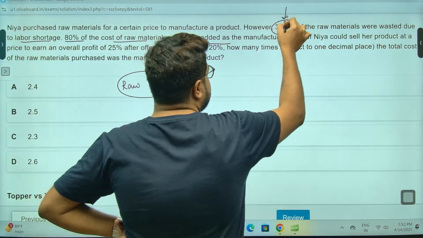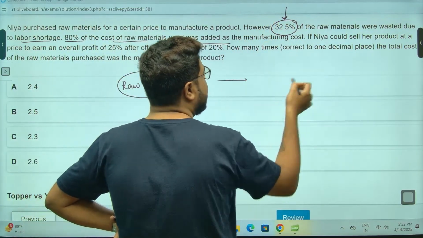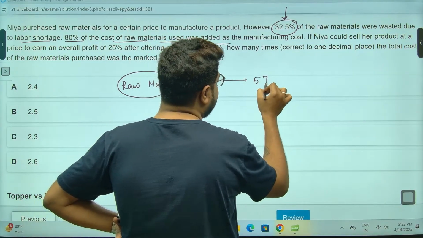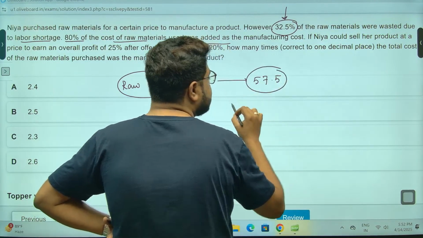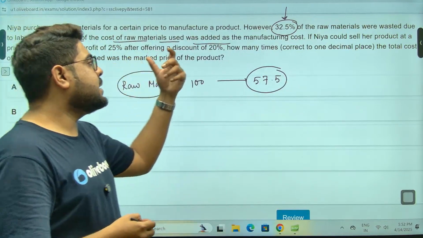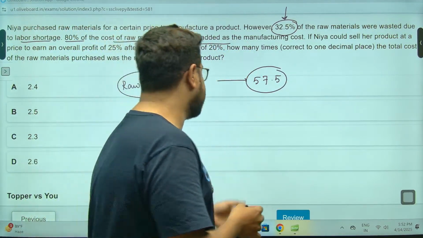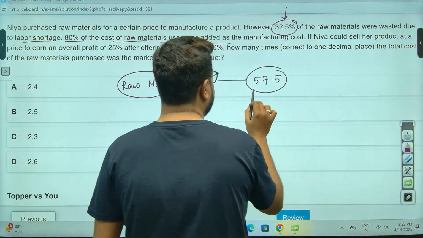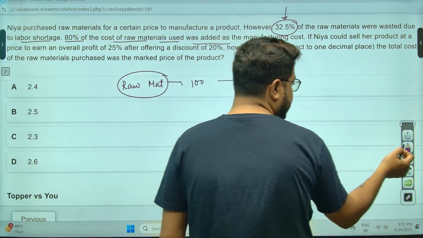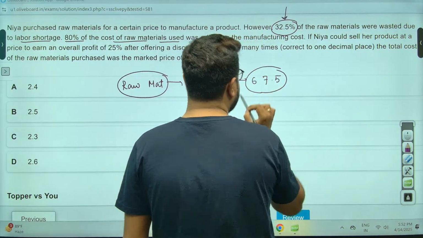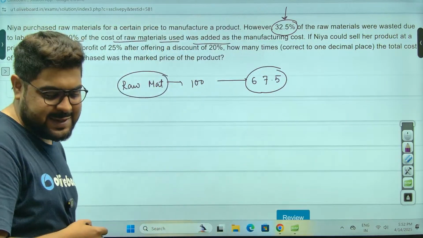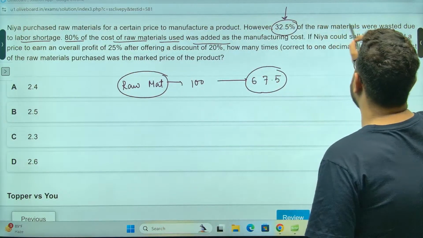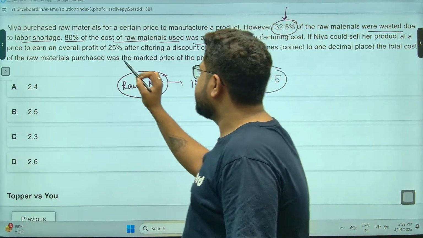This much was wasted, so how much was used? 100 minus 32.5 is 67.5 rupees worth of product that was used. I'm kind of in a separate world of mind today.